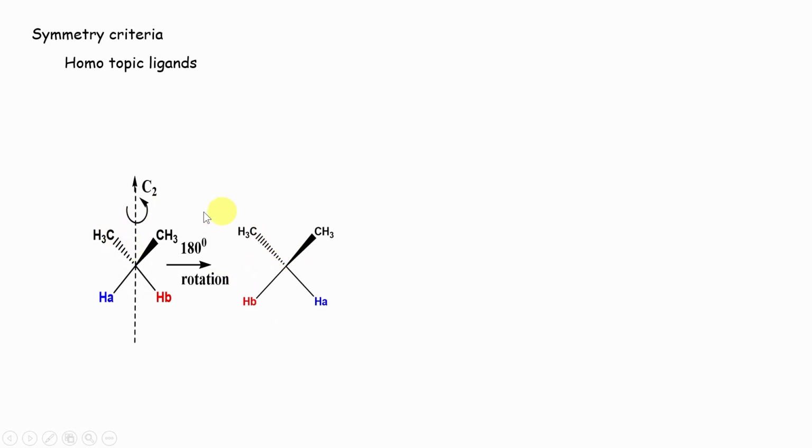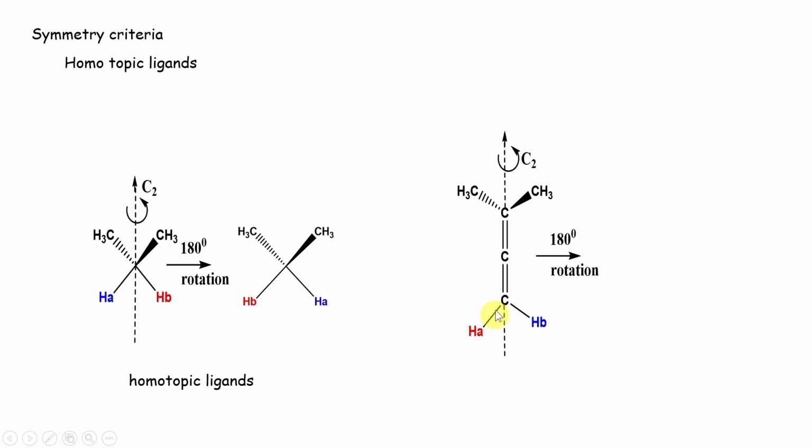Both are propane, identical molecules, and hence HA and HB are homotopic ligands. Similarly, if you rotate the 2-methylpropene molecule about its C2 axis passing through the carbon-carbon double bond, then we get this 2-methylpropene. Both are identical molecules, and hence the HA and HB hydrogens are homotopic ligands.